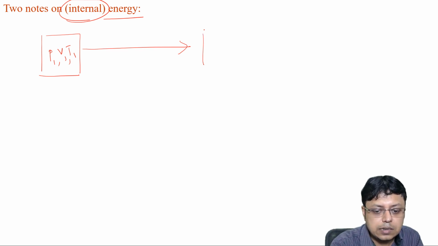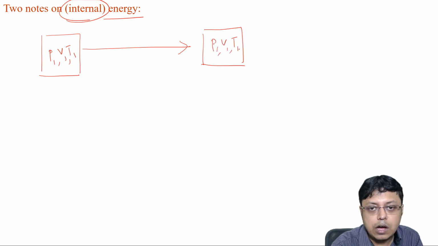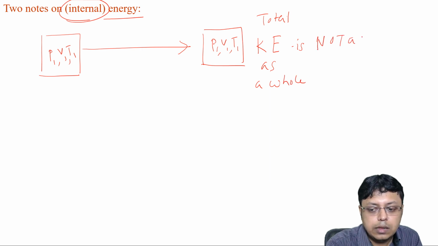So the entire system is now moving, and the system as such will have a kinetic energy. However, this energy is not a part of the internal energy. The total kinetic energy as a whole is not a part of U or internal energy.